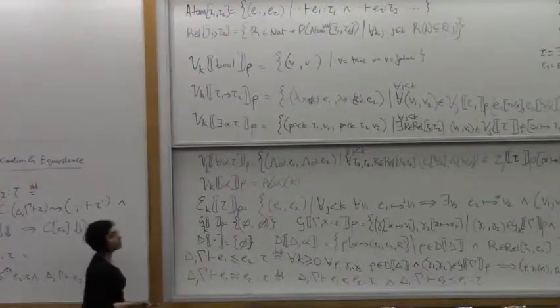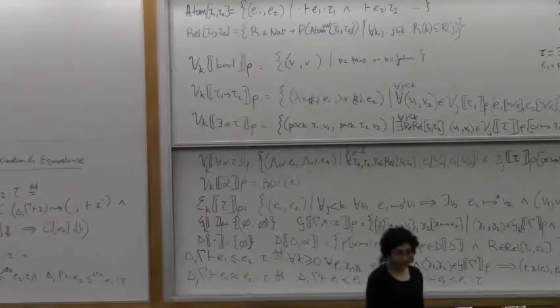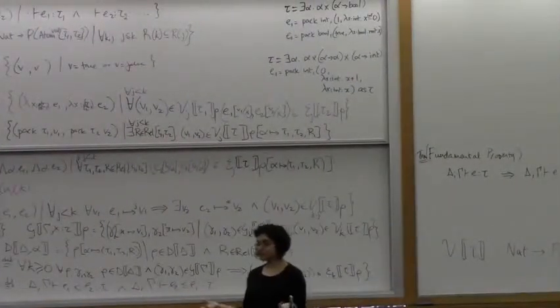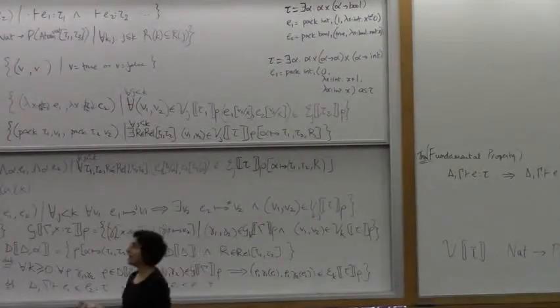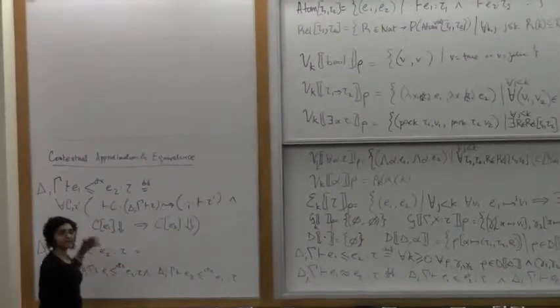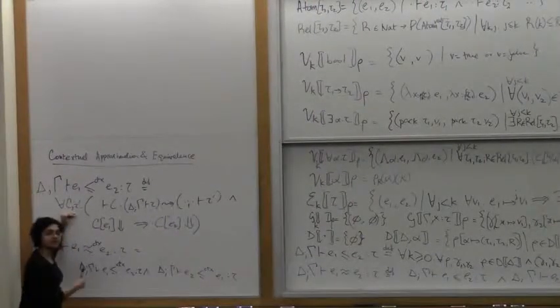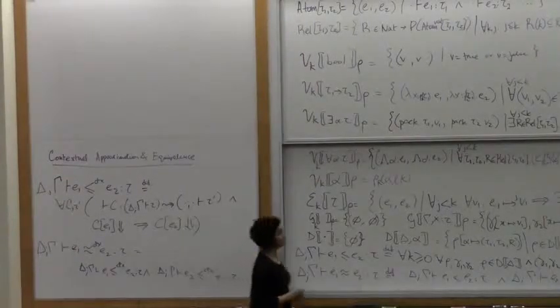Now, that's not all we need, right? Once we've proved the fundamental property, we started out saying, hey, we want a proof method that allows us to easily prove that two given expressions or programs are contextually equivalent. But proving contextual equivalence directly is too hard because it requires quantification over all possible contexts, and that's not tractable. So this is supposed to be our tractable proof method, but we have to show that it's sound with respect to contextual equivalence.